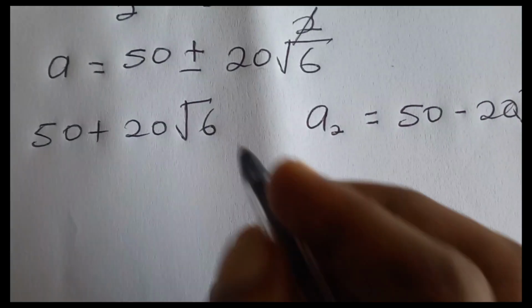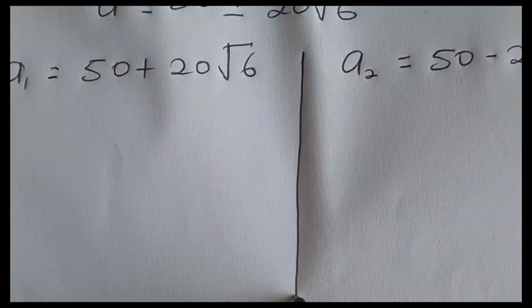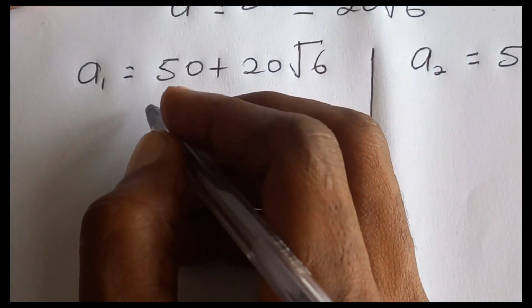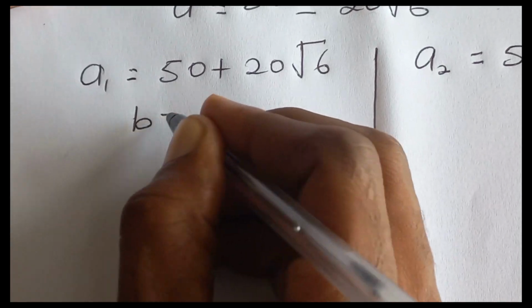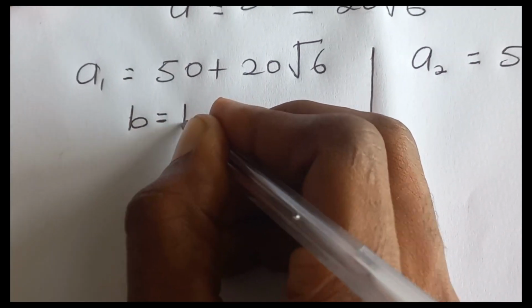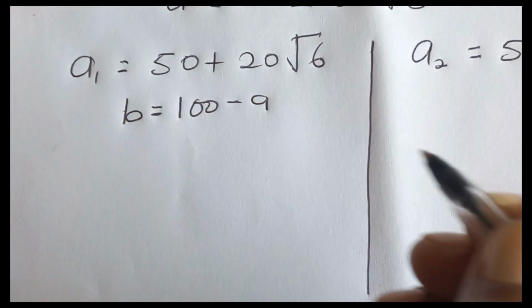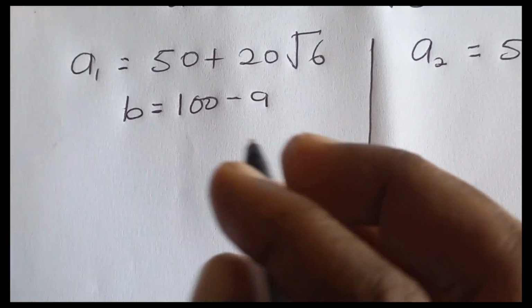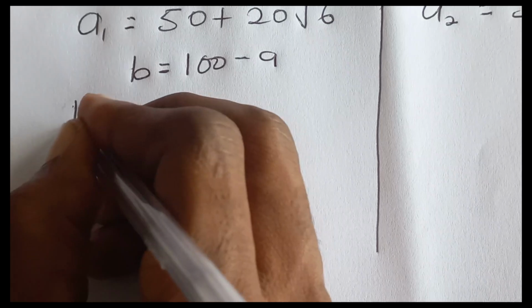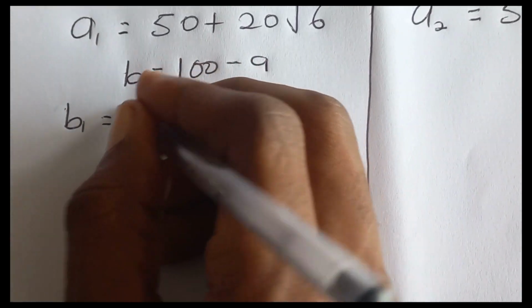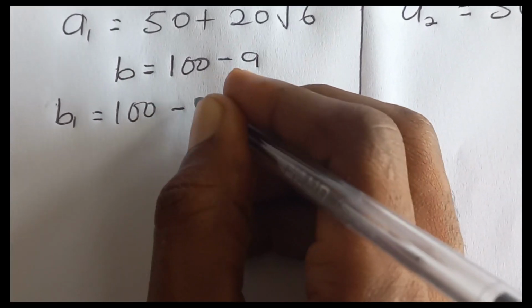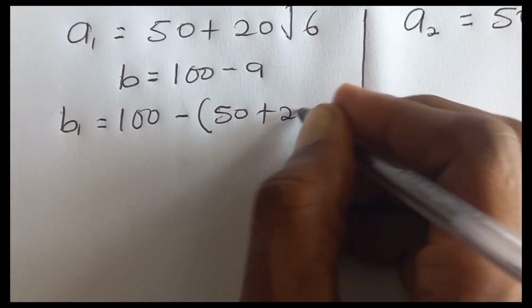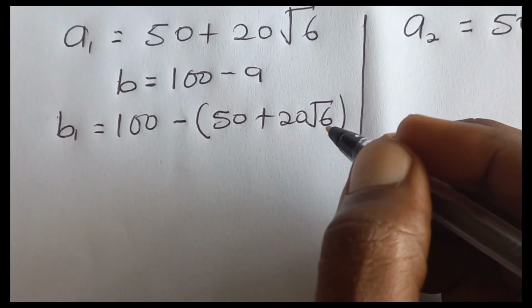Okay. So now we said that b is equal to 100 minus a. Okay. So now we can say that b1 is equal to 100 minus bracket 50 plus 20 root of 6. Okay.